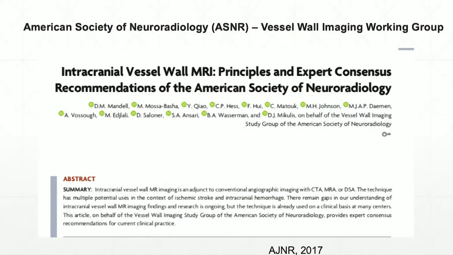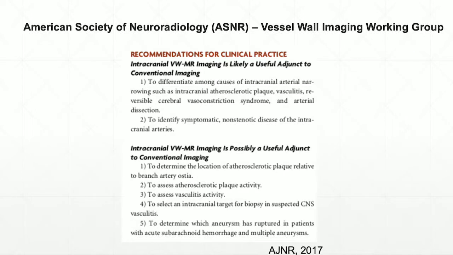For intracranial artery, this is another paper also coming out from this vessel imaging working group, published in 2017. What it highlighted, number one, is that this is likely going to be useful for differentiating different types of vascular diseases in the brain.